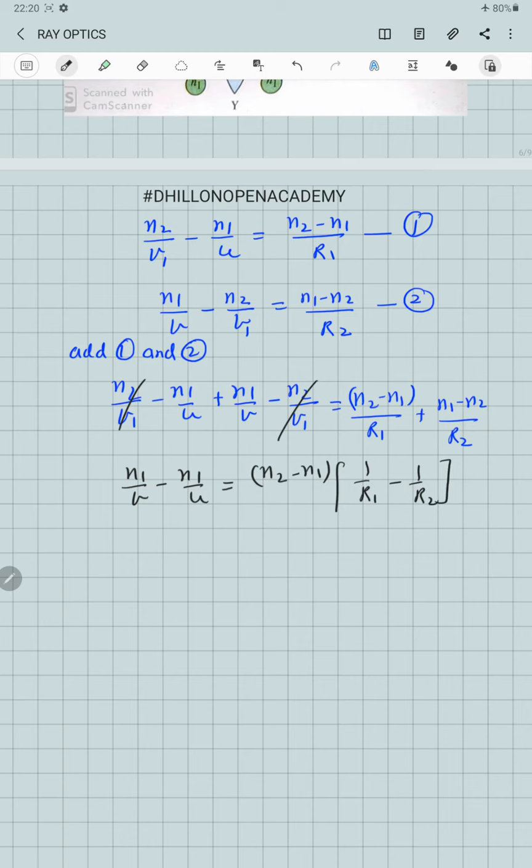Dividing throughout the equation with n1, we have 1 over v minus 1 over u equal to n2 minus n1 over n1 into 1 over r1 minus 1 over r2.